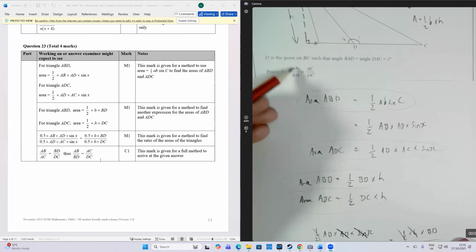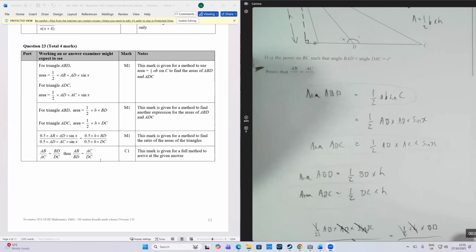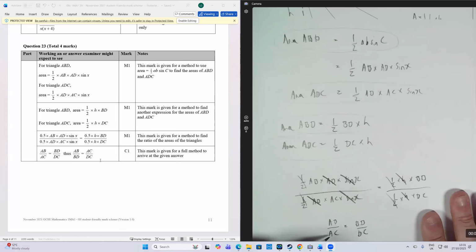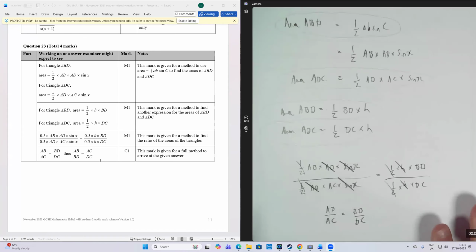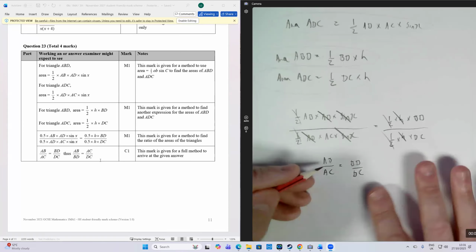Let's see if that's what we were trying to prove. We're trying to prove that AB over BD, oh, hang on a minute. But what have we got? Right, we're almost there, just one little bit of rearrangement. We've got AB over AC is equal to BD over DC. So let's times both sides by AC.